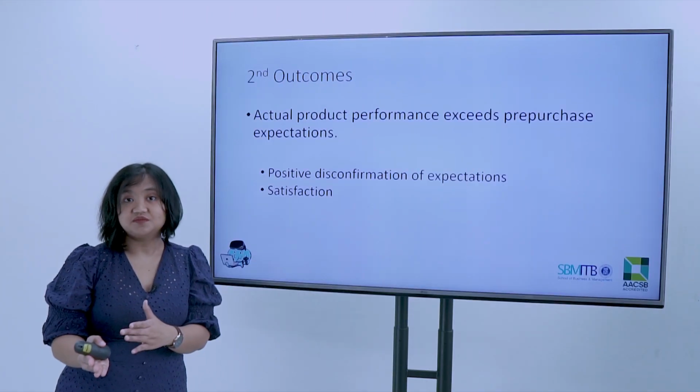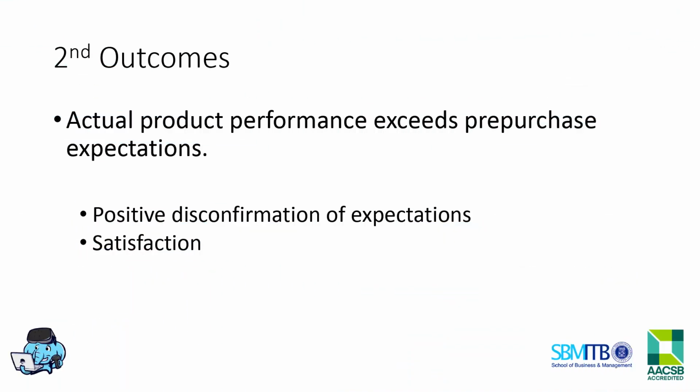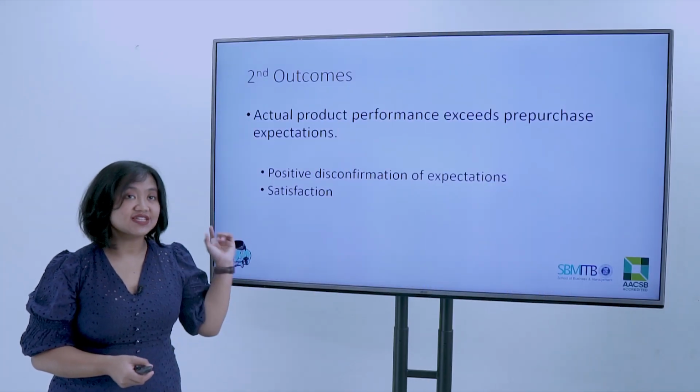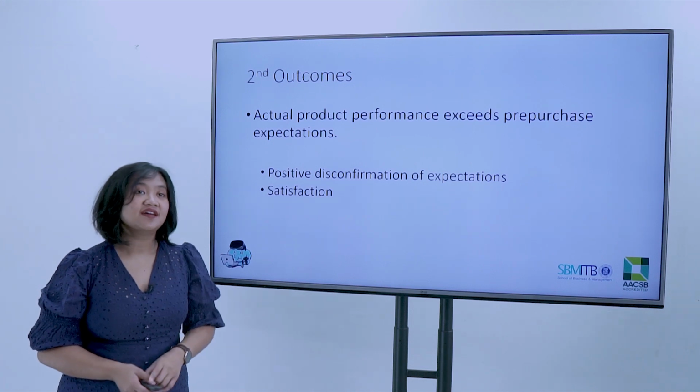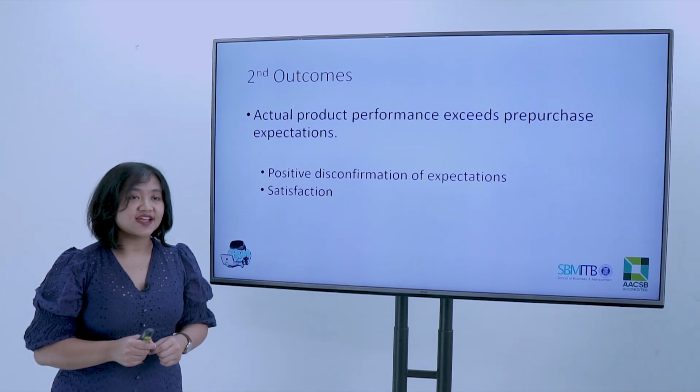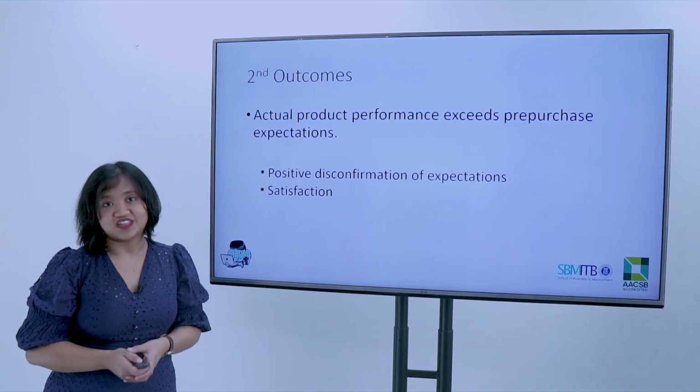The second outcome is when the actual product performance exceeds the pre-purchase expectation. In this case, we have positive disconfirmation of expectation, and it will lead us to satisfaction. This is what marketers should do: make your product exceed your target market's expectation.